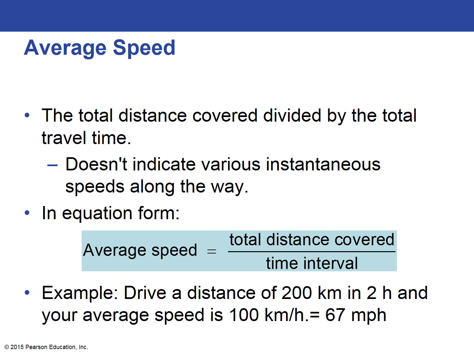So, for example, in the example shown here, when a driver drives a distance of 200 kilometers in 2 hours, then they will have an average speed of 100 kilometers per hour. They may have spent part of that time at 90 kilometers per hour and part of that time at 110, but we only are measuring what the average is in this scenario.